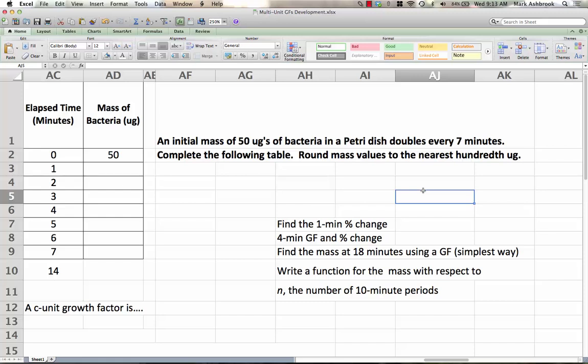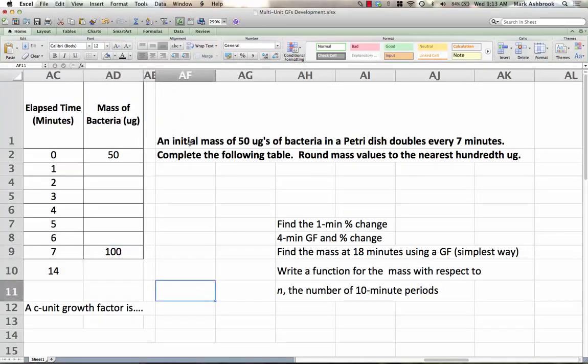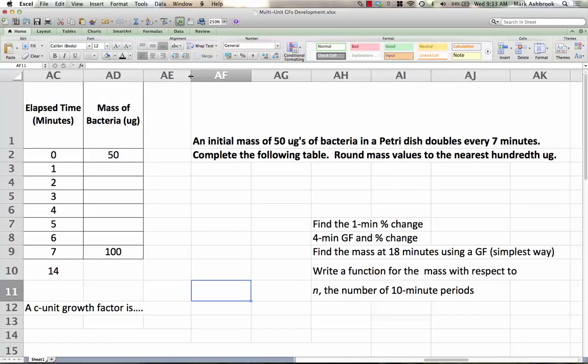And right away we can look at this table and say what? 7 minutes is 100. Okay, so we see that to get from any output to the output 7 minutes later would be a growth factor of 2, meaning we multiply by 2.